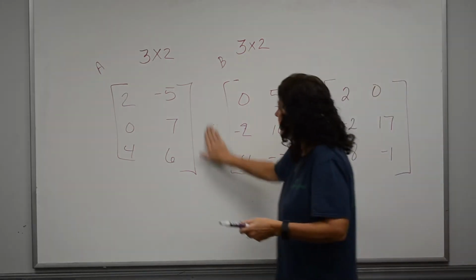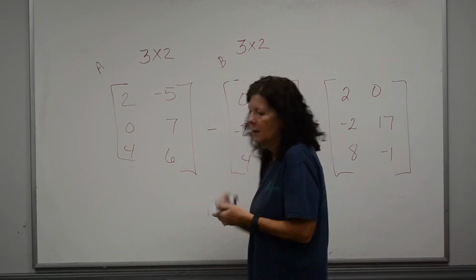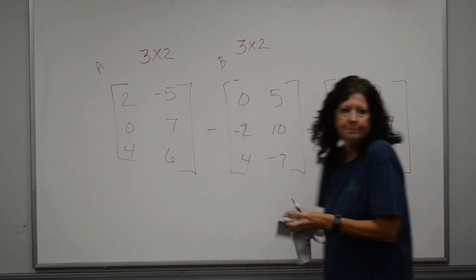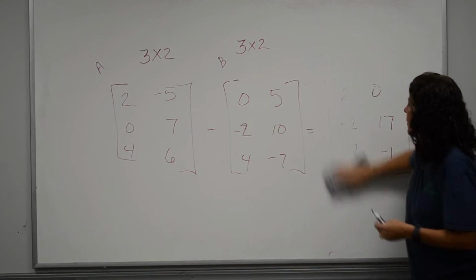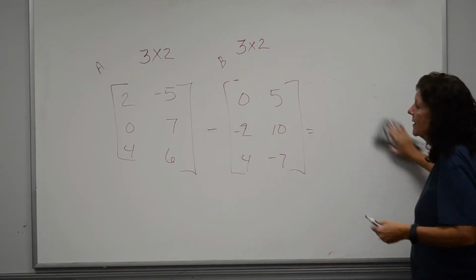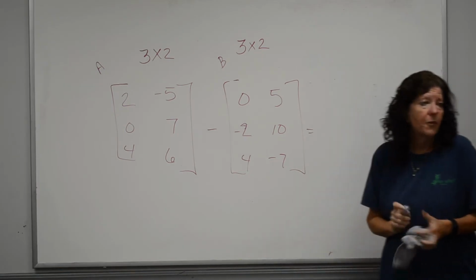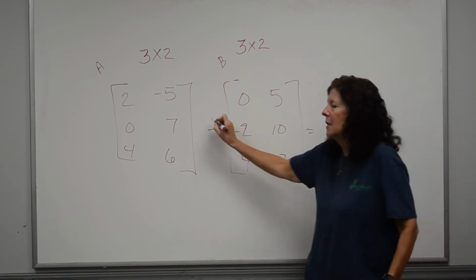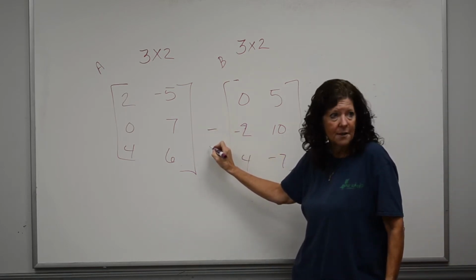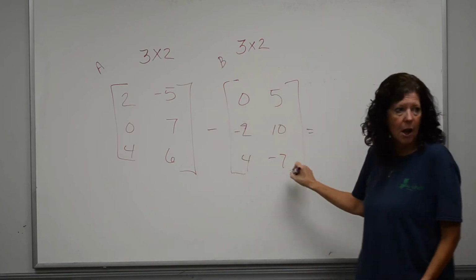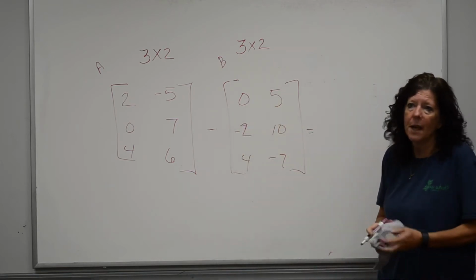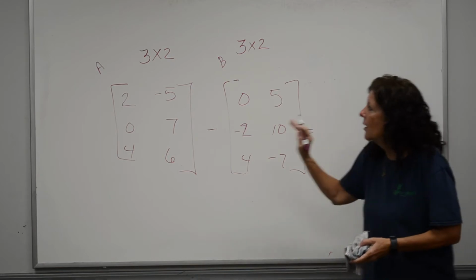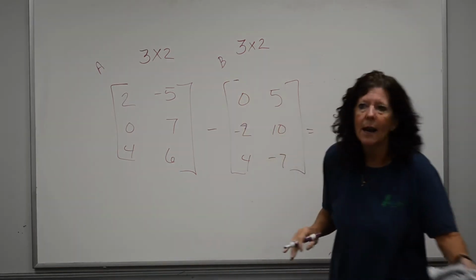What if I have a minus between them? Then I'm going to subtract each one. There have definitely been some students who prefer to add the opposite of the second number. They'll make that subtraction a plus, and then make these all opposite signs. If you want to do it that way, you can. But understand, each one of these is subtraction.